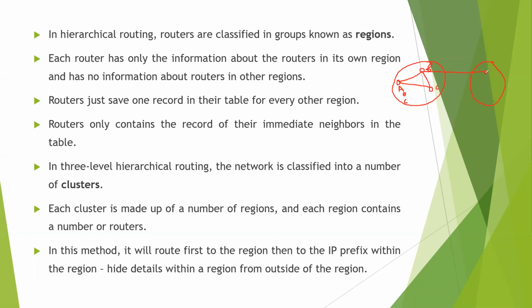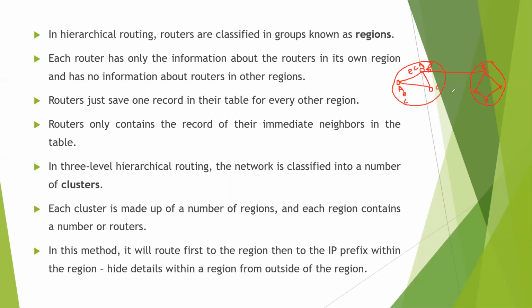If it is connected here, say again like this, and there are say 4 routers here, then B will contain the information regarding A, regarding C, and regarding this router. Let us call this router E. So it will contain the information only regarding these routers.